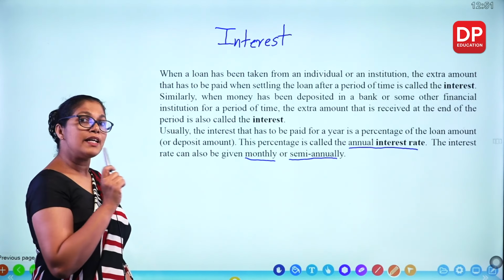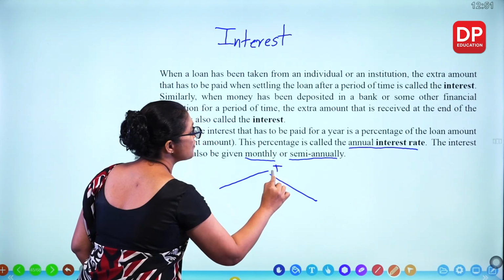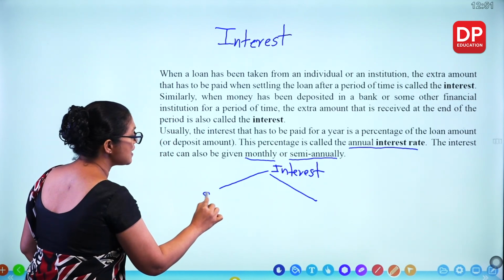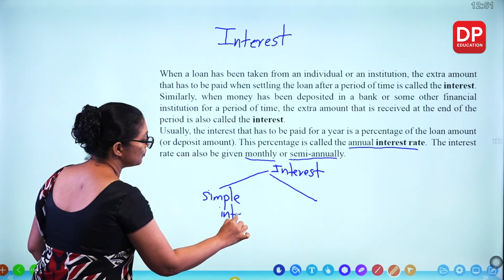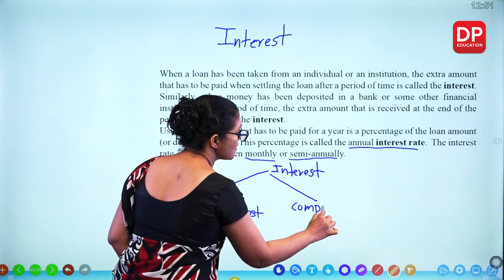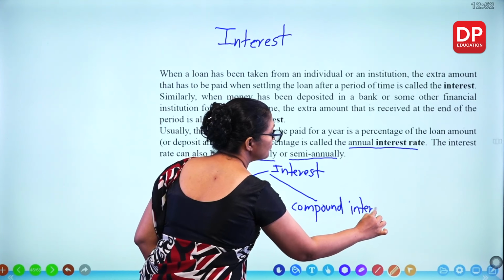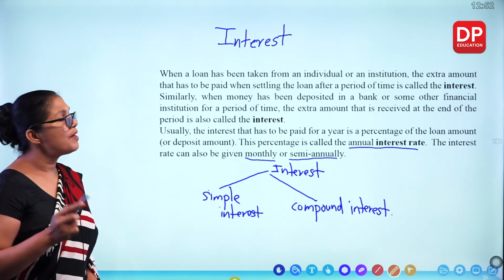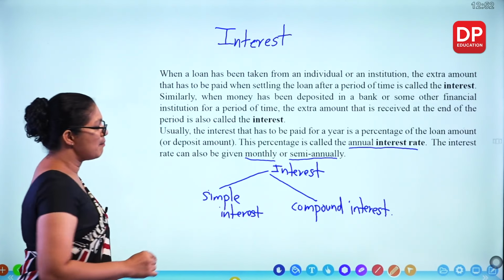And also, interest you can divide into 2 parts: simple interest and compound interest. If the interest is calculated only for the initial value, we call this simple interest.